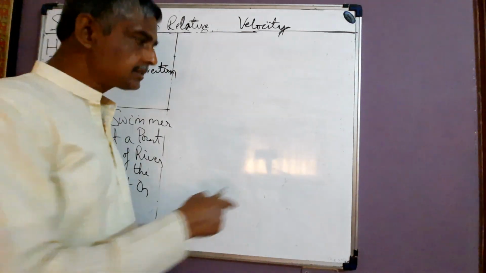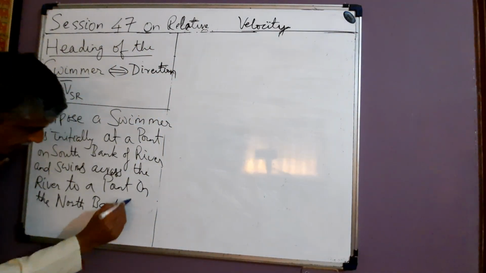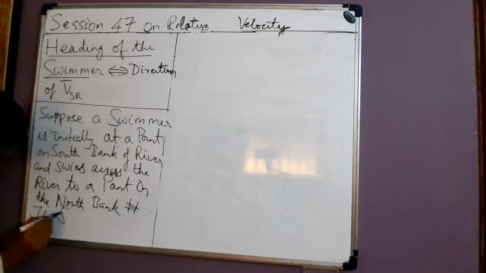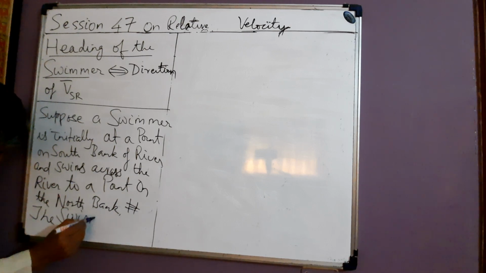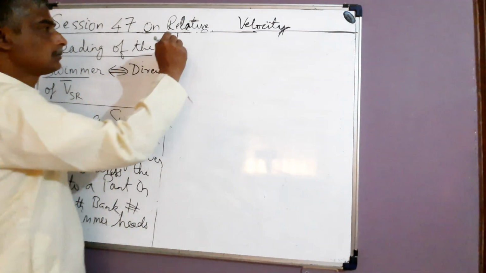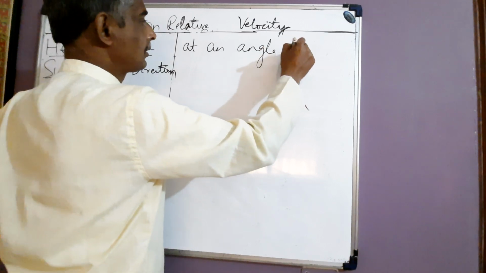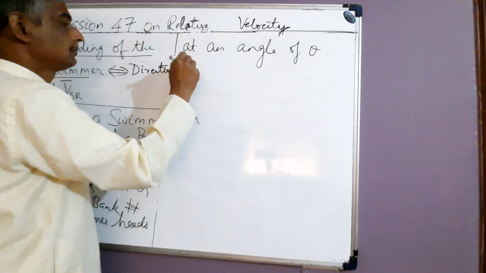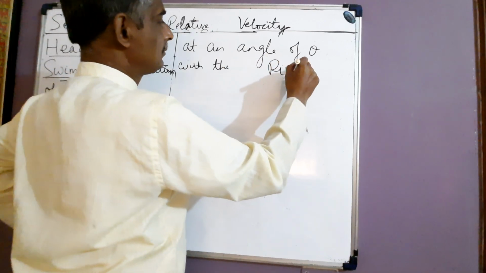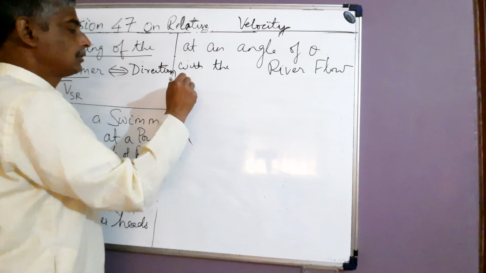It is being assumed in this case that the river flows towards east. The swimmer heads at an angle theta with the river flow velocity.